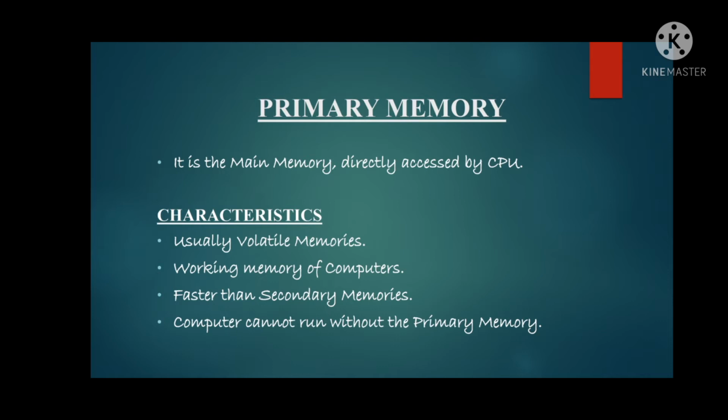Let us see what the characteristics of this primary memory are. It is usually volatile. What do you mean by the word volatile? Volatile memory is computer memory that requires power to maintain the stored information.